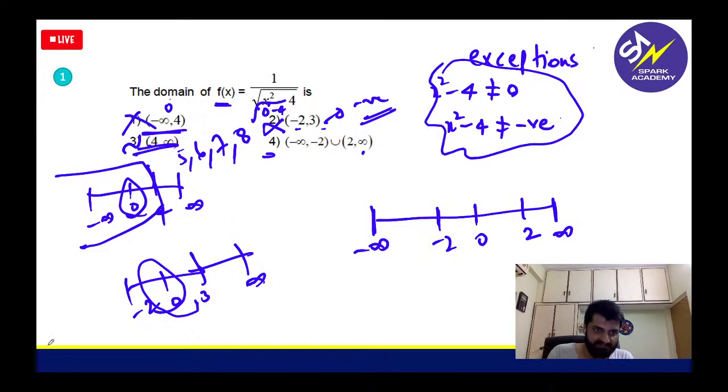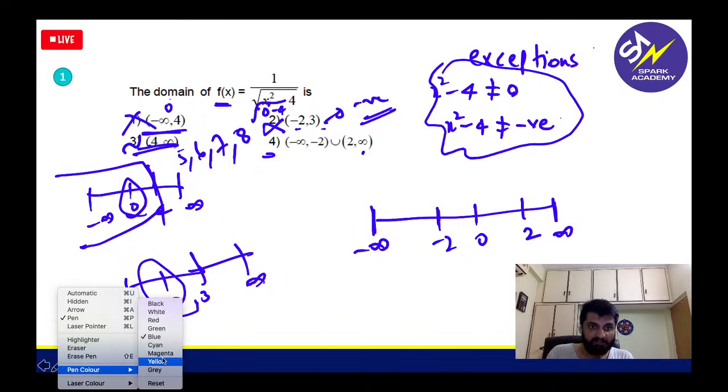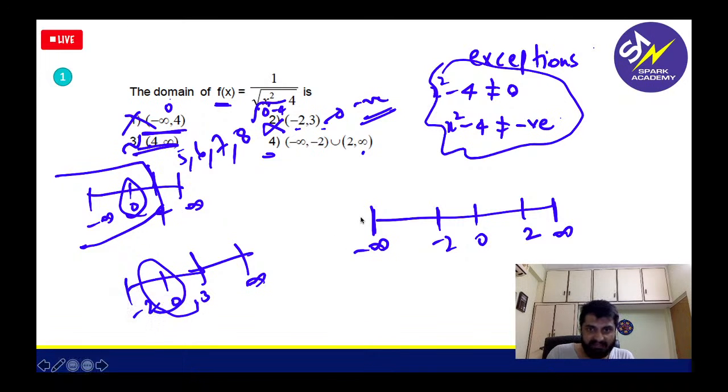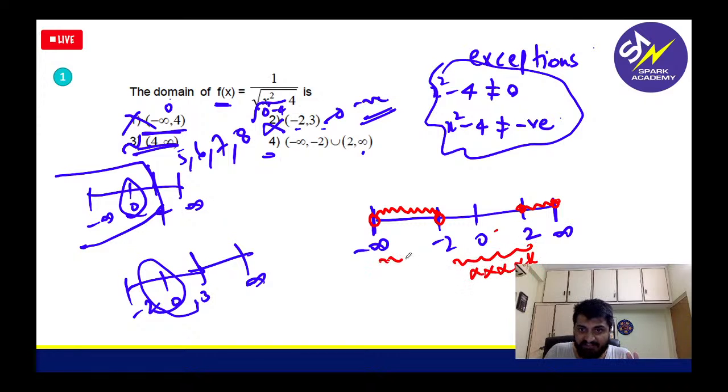Your domain lies between minus infinity and minus 2, and 2 to infinity, both ends not included. In between, they are not considering. They are only considering this part as well as this part. So it can be either this or this. Now shall we check?